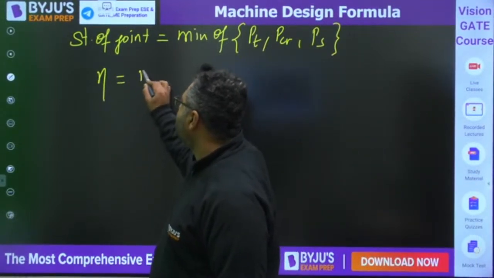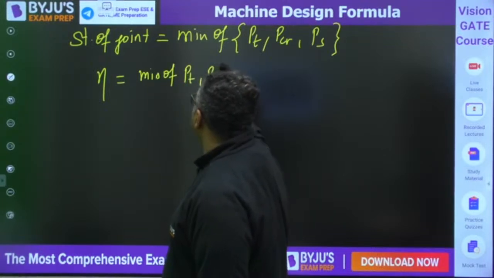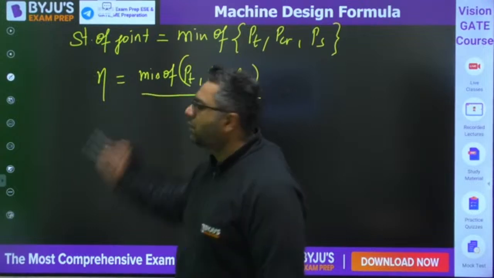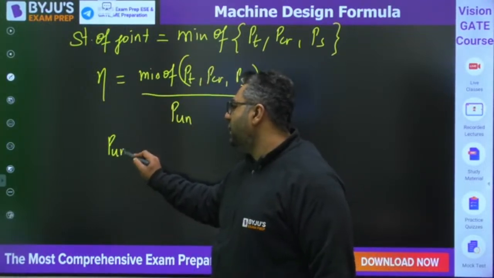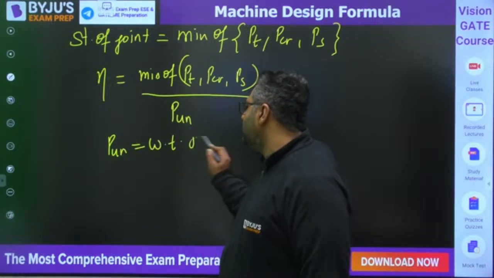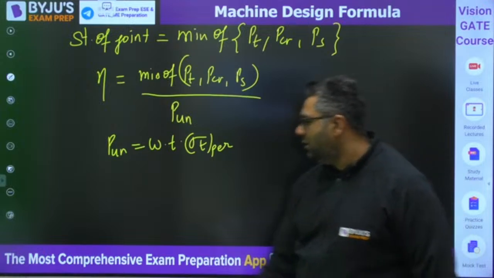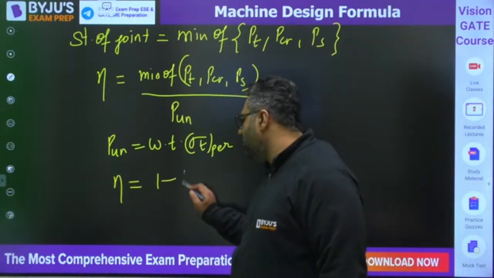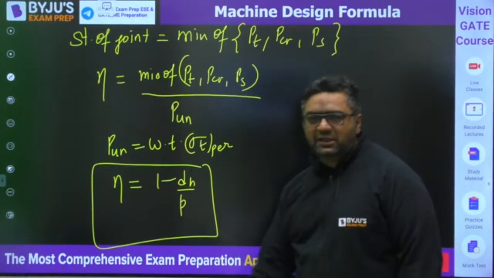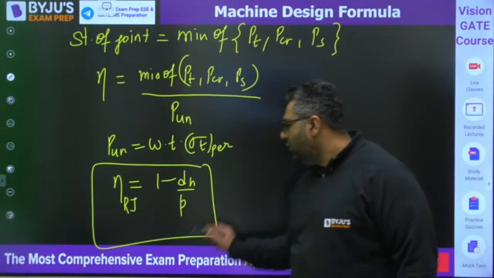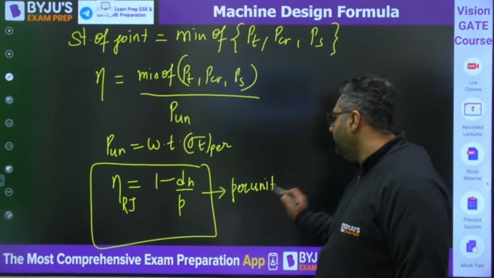It is defined as the minimum of PT, PCR, PS, this is the strength of joint, divided by the strength of unriveted plate, where strength of unriveted plate is written as W into T into sigma T permissible. And guys, when we are going for the per unit pitch length, the efficiency formula is coming out to be 1 minus d_h by pitch. This is the efficiency of a riveted joint when we are going for per unit pitch length.